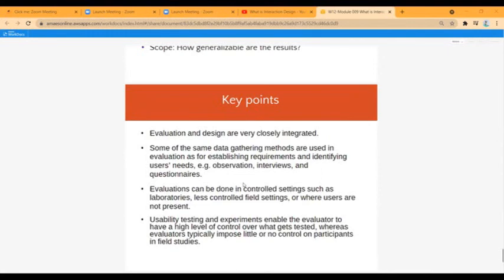Evaluation can be done in controlled settings such as laboratories, less controlled field settings, or where users are not present. Usability testing and experiments enable the evaluator to have a high level of control over what gets tested, whereas evaluators typically impose little or no control on participants in field studies.